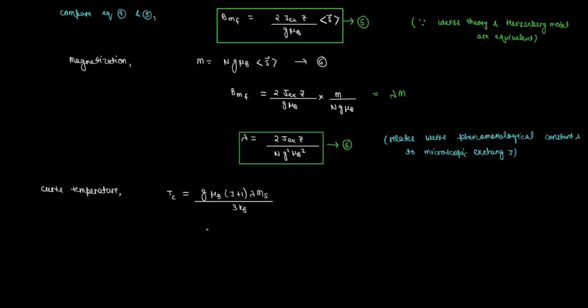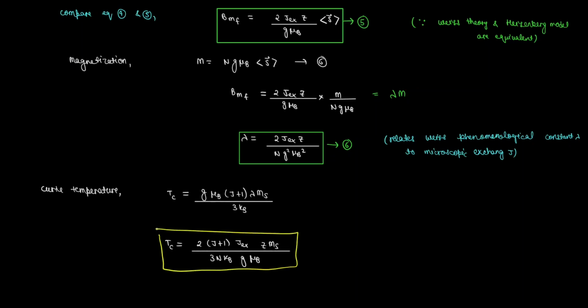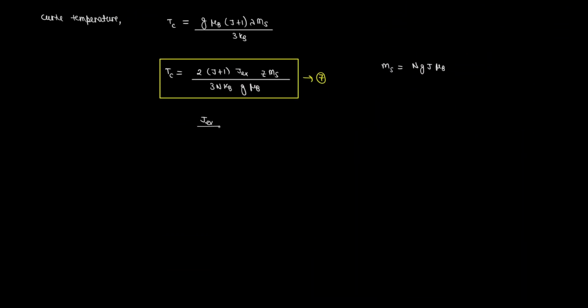And if you substitute the value of lambda here, then you will get Tc equal to 2 (J plus 1) J exchange Z Ms divided by 3 N kB g mu B, where Ms is equal to N g J mu B. Using this, you can get the ratio of J exchange and kB Tc equal to 3 divided by 2 J (J plus 1) times Z. So if you want to know the value of J exchange for any material, then you only need to know its Curie temperature, the value of total angular momentum, and the number of nearest neighbors.